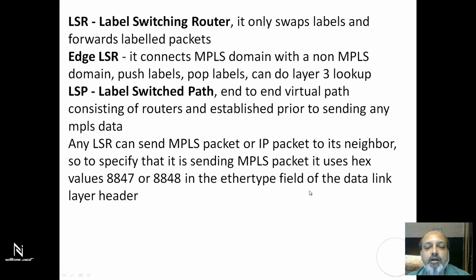If you see a picture of the data link layer header, it's very easy to find in any networking book. You will find that there is a field which is called ether type. Now in the ether type field, it puts a hexadecimal value of 8847 or 8848.